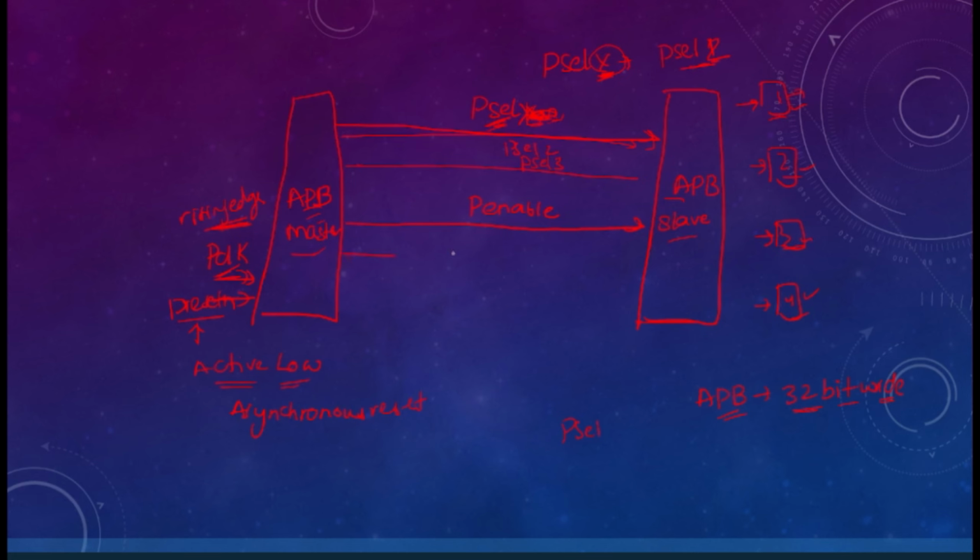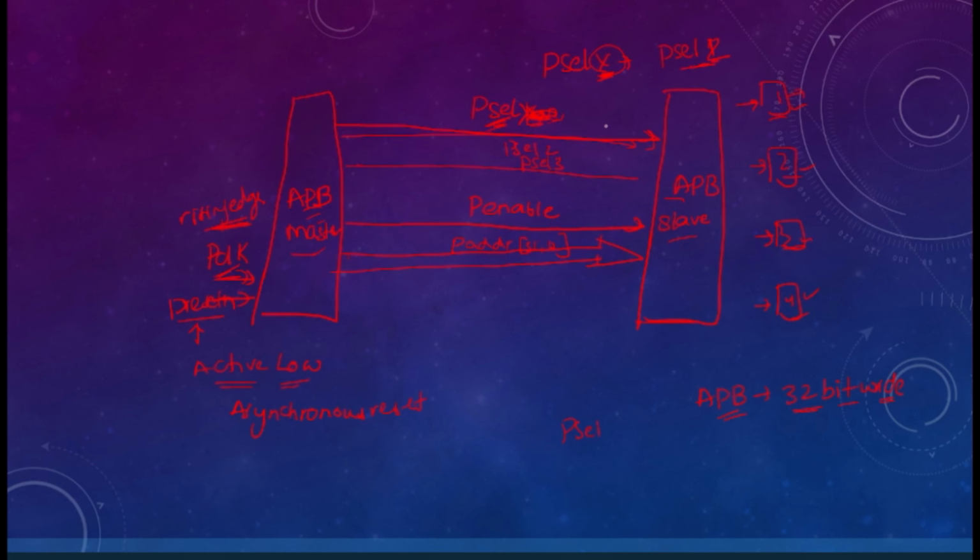And then the next one is p address. When it comes to p address, it is 32-bit wide. So what is this p address? Every slave, for example if you are considering four slaves or a single slave, will have some address locations, because without address locations you can't read or write the data. For example, if you are sending a gift to a particular person, you need to know their address.